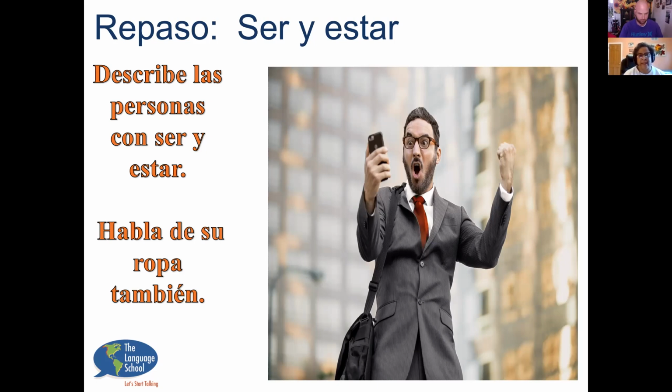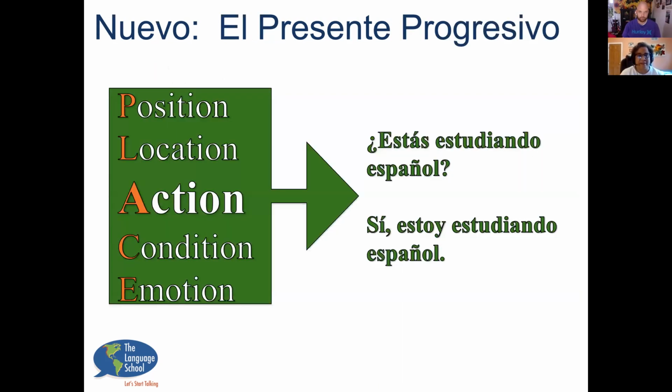Su traje es muy bonito. Su corbata es roja. Muy bien. That's about it.